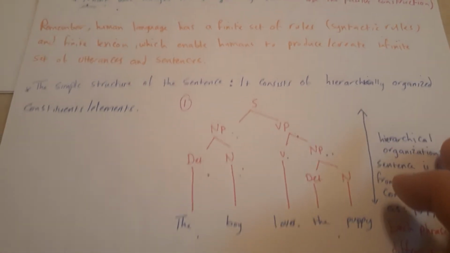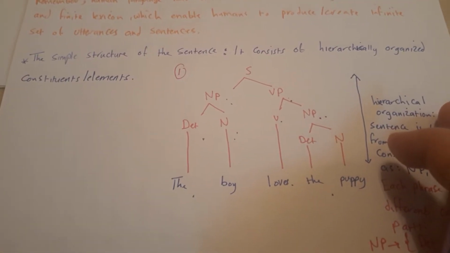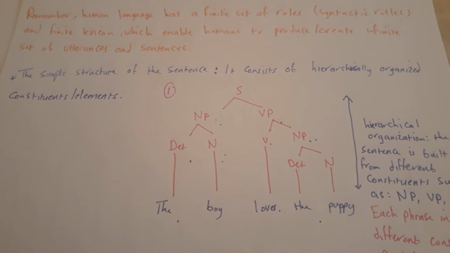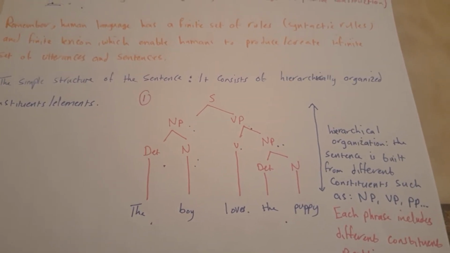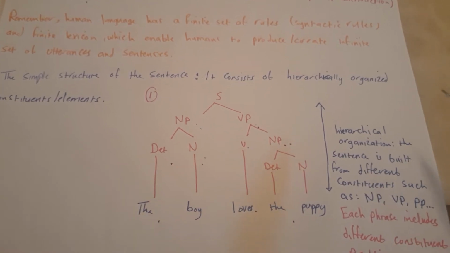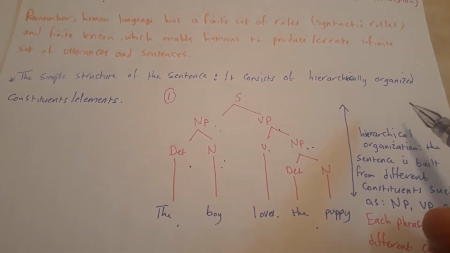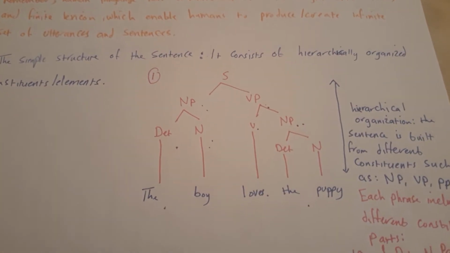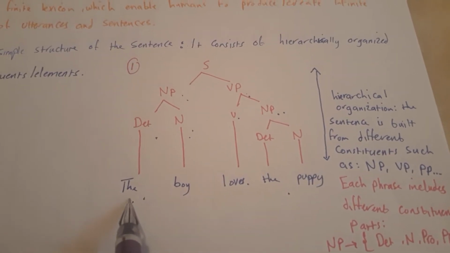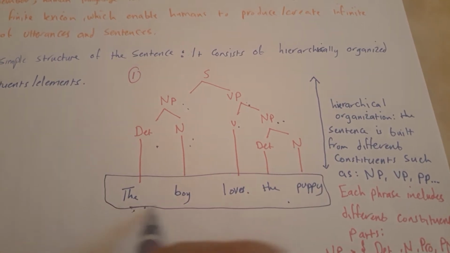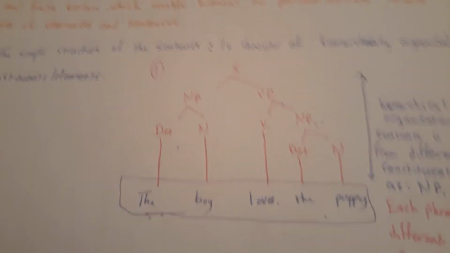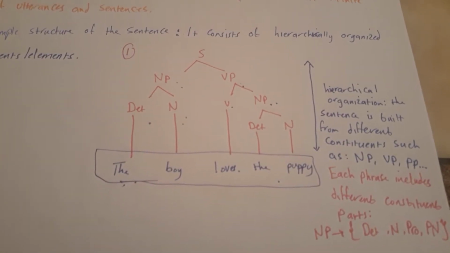Now let's start talking about the first syntactic operation, which is creating simple sentences. Now simple sentences must contain hierarchical organization. As you can see here, this is the lexical level.